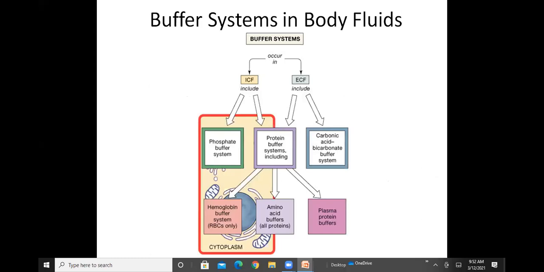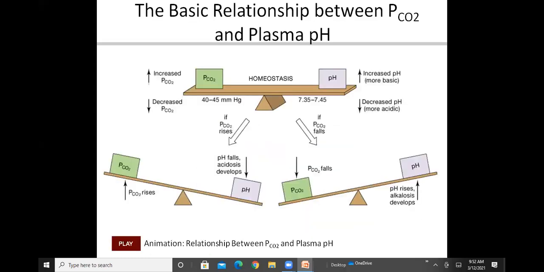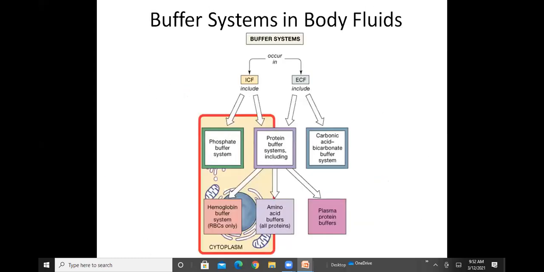I would explain this using the bicarbonate buffer system. So these are some of the buffer systems in body fluids. The intracellular fluid has the phosphate buffer as well as the protein buffer, but the extracellular fluid also has the protein buffer, and the extracellular fluid majorly has the carbonic acid bicarbonate buffer system.